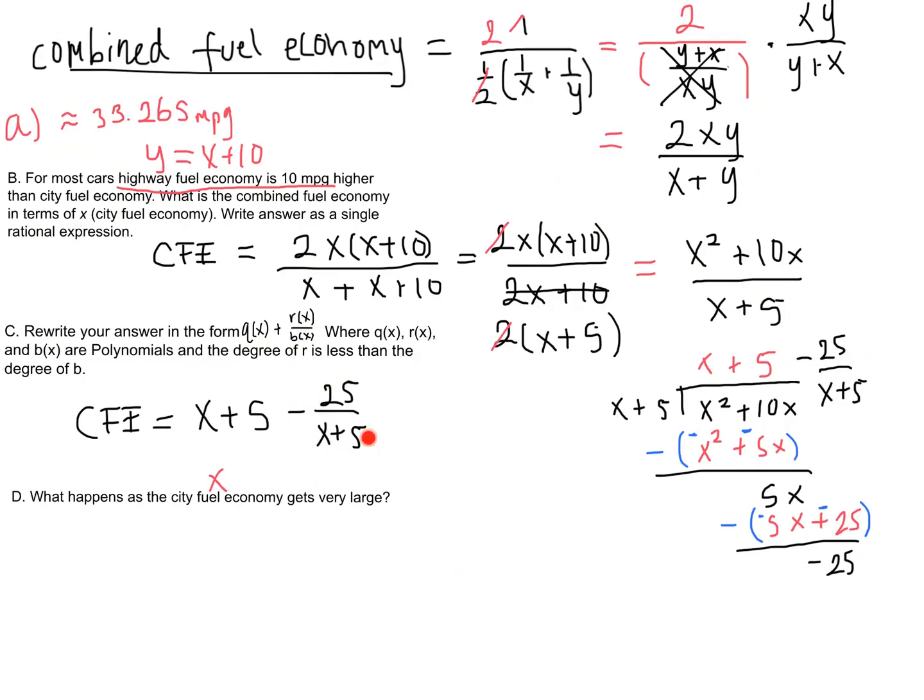So when this is 0, or very close to 0, the combined fuel economy really just ends up being x plus 5. So as the city fuel economy gets very large, my combined fuel economy is basically x plus 5.